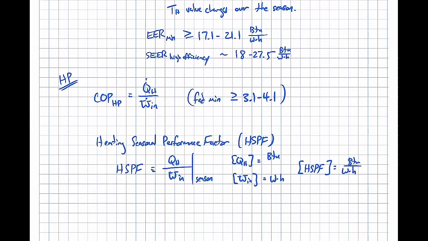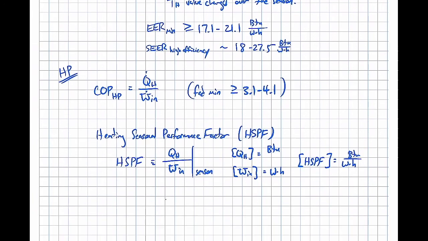They just give the number. A high efficiency heat pump might have an HSPF rating on the order of maybe 8.5 to about 12.5, somewhere in that range for current heat pumps.